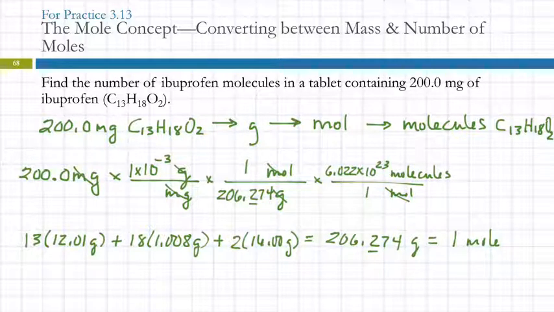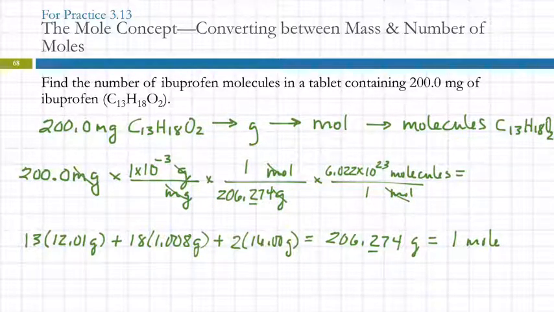So then we do the math. So I'm getting, how many sig figs should this answer have? 4. So this has 4. This one's exact. This has 4, and that has 4.